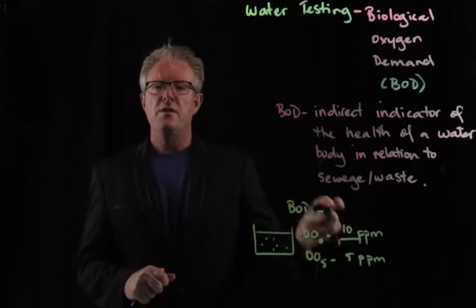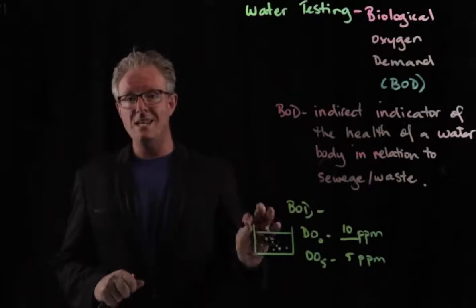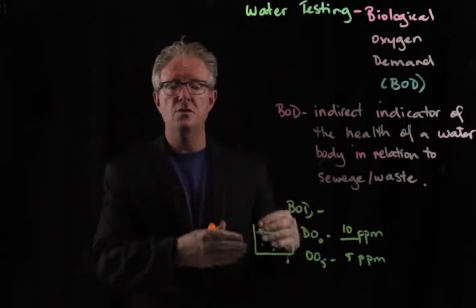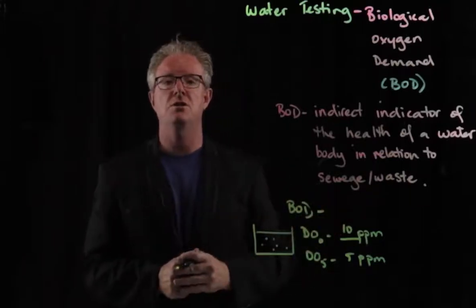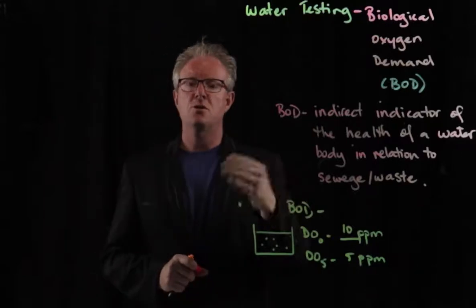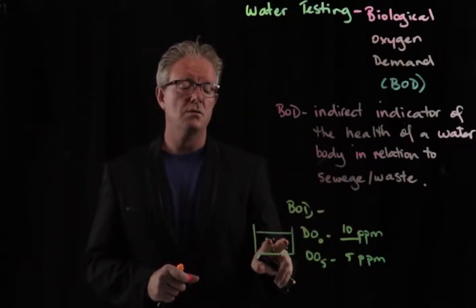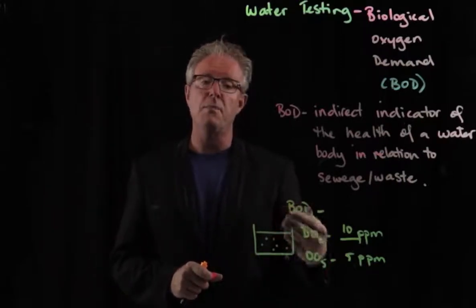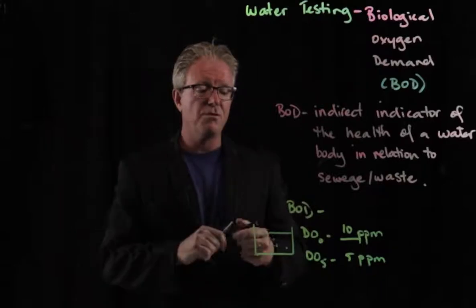The only way that dissolved oxygen can go down is if there are microorganisms present in the water using the organic matter as a food source, and they respire. Remember, respiration is when you use oxygen to break down a sugar to make energy. So if they're using this organic material to make energy, they're using up oxygen, and it's going to go down. So BOD is just the difference in those two amounts.